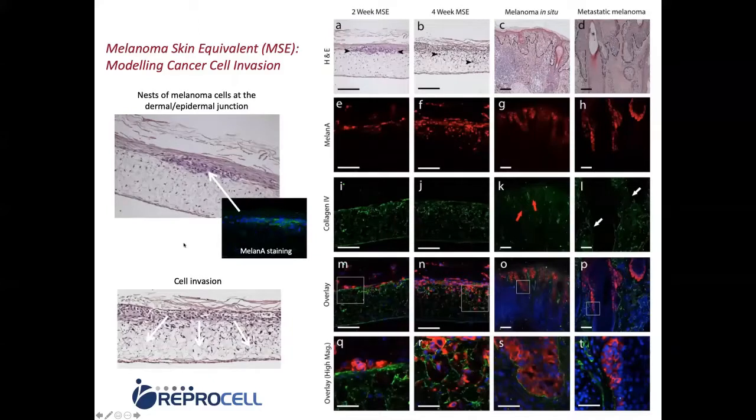And this is a model of cell invasion in 3D within this tissue model, and we can compare what happens in vitro, so these two columns here on the left, compared to the real situation in pathology. This is melanoma in situ and metastatic melanoma, and it enables you therefore to model certain aspects of the invasion process in a tissue model in vitro compared to the real situation.